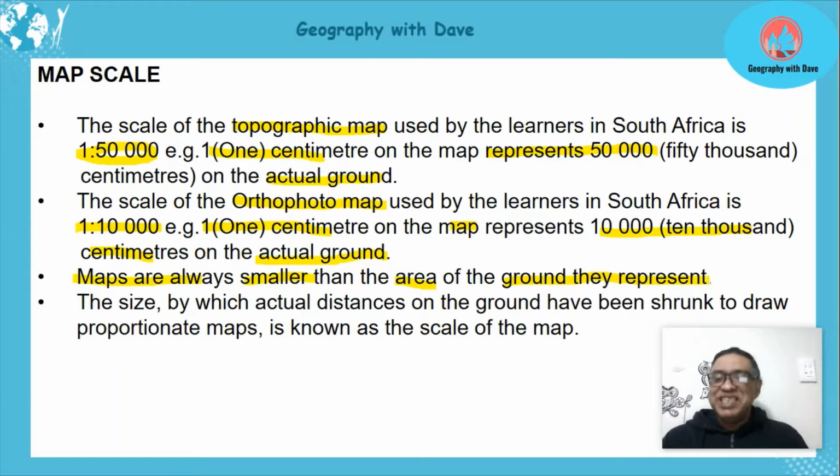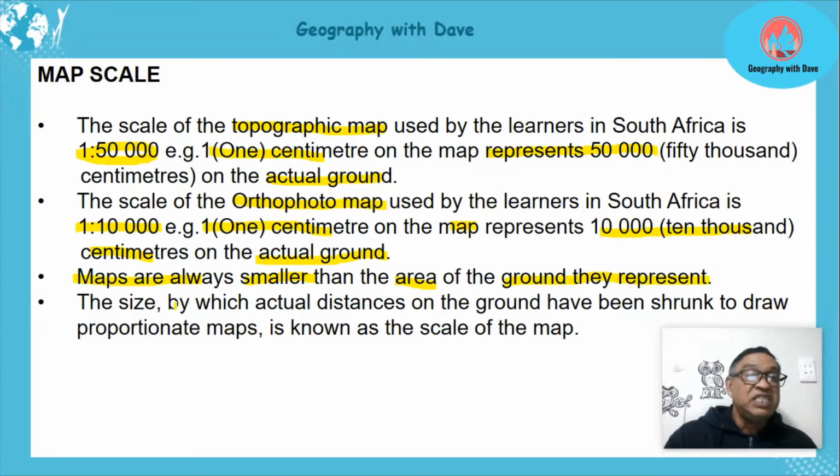It makes it easier. Imagine having a map that's the size of the place. It's ridiculous. If you take a place like Johannesburg and have a map the actual size of Johannesburg, that's not possible. So it's always smaller.